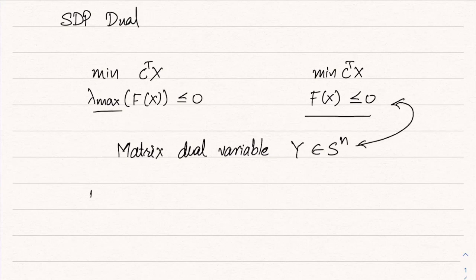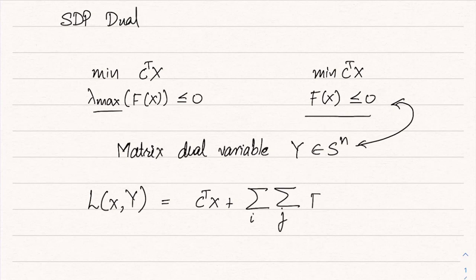So the Lagrangian in this case, which would be a function of x as well as the matrix Y, would be of the form c transpose x plus the summation over i and j of F of x_ij times Y_ij. So in the same way we have taken the Lagrangian by multiplying each entry of Y with that of F and summing them up, except in this case the constraint is expressed in terms of a matrix and the dual variable is also a matrix.